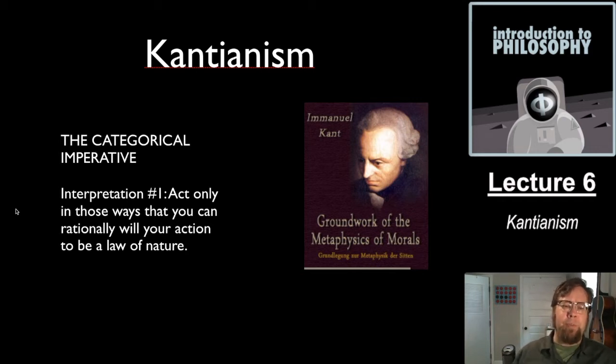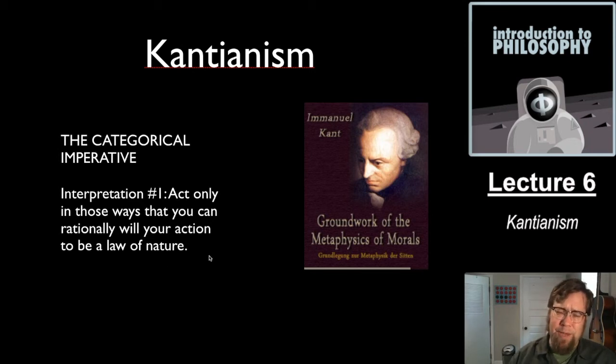Another thing to notice about the categorical imperative is that it is talking about what is rational. So this is an attempt to bring reason into it. We're trying to figure out how ethics can be based on reasoning. And then there's this weird phrase, rationally will something. We're going to talk a little bit about what it means to rationally will something.